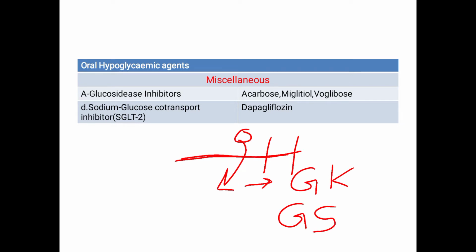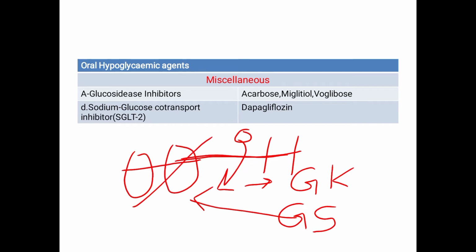Okay, so once the glucose sensors are activated, there is one channel in the beta cell, which is the potassium sensitive ATP channel. Once glucose sensors are activated, this potassium sensitive ATP channel will be inhibited. It will be blocked. So once this is blocked, then what happens? The calcium channel which is present on the beta cell will be opened.